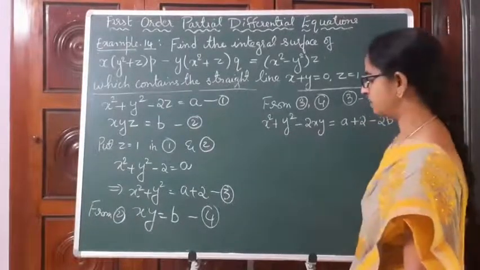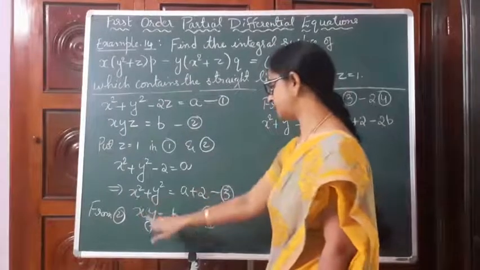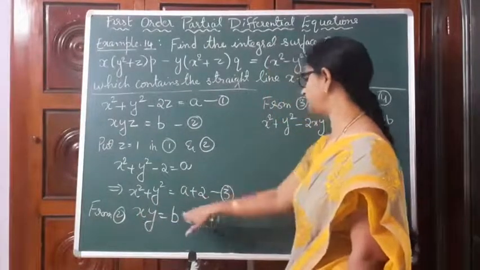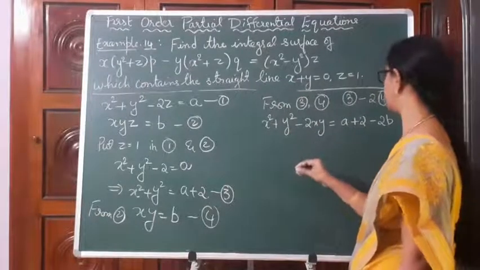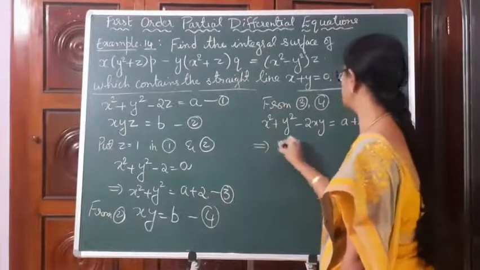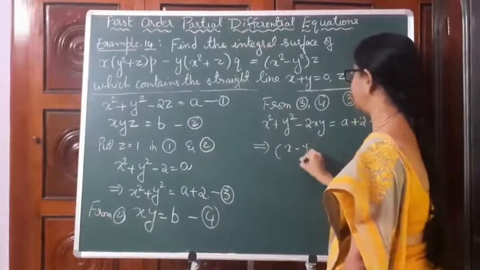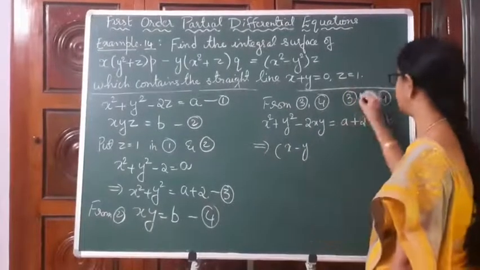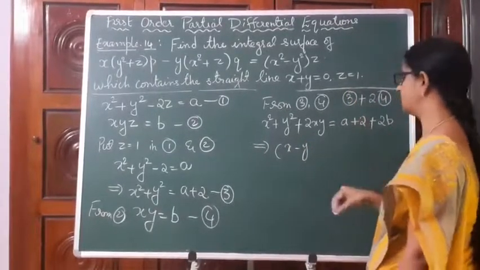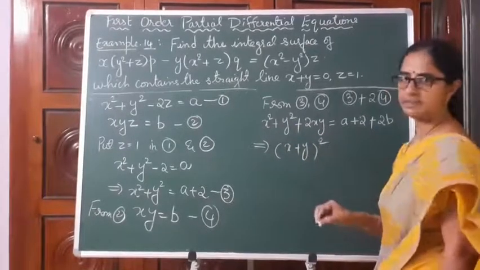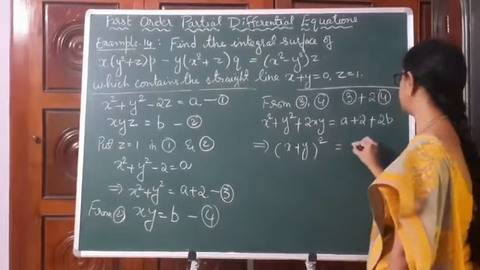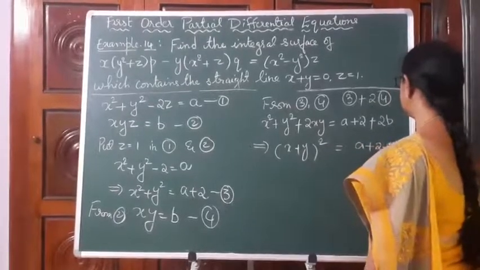X square plus y square minus 2xy can be written as x minus y whole square. So let us take plus 2xy here, so that x square plus y square plus 2xy becomes x plus y whole square is equal to a plus 2 plus 2b.